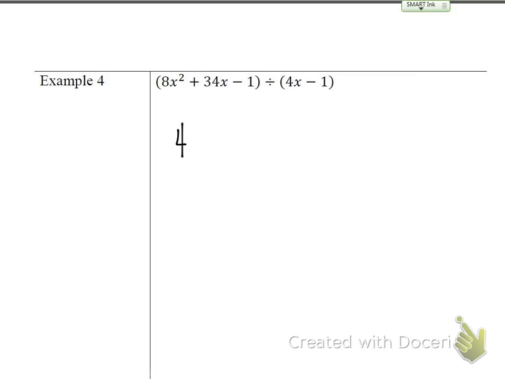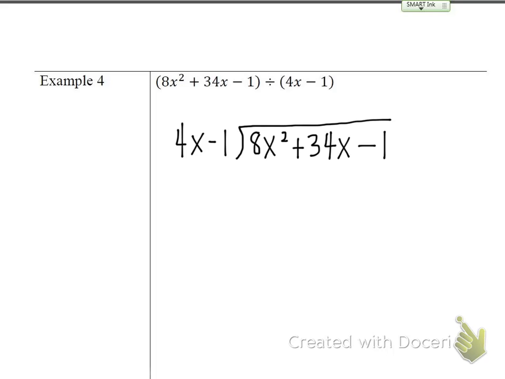Good. 4x minus 1 goes into 8x squared plus 34x minus 1. I'm not missing any terms. I go from x to 1, and then on the inside I go from x squared to x to negative 1. So we're good. So what I want you guys to do now is divide using long division.